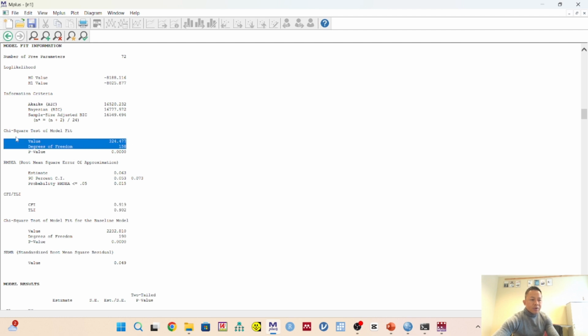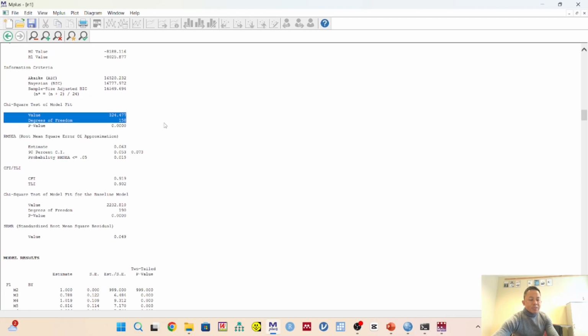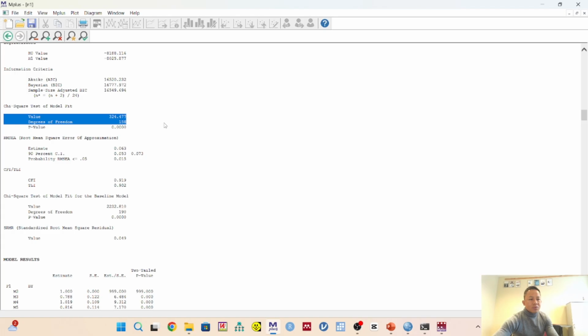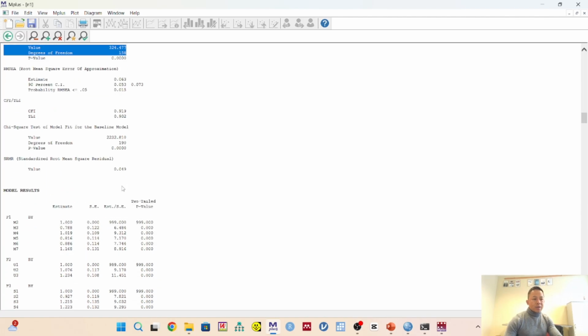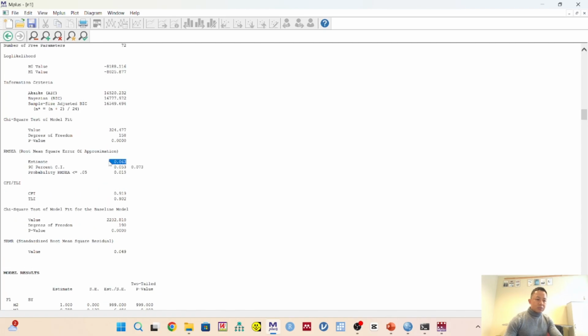This is the chi-square value. It is acceptable. It means the chi-square by df value should be less than 5. That's why it is okay. SRMR, okay. RMSEA is okay.